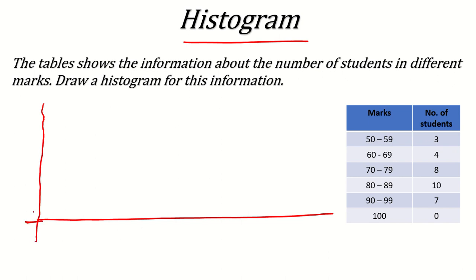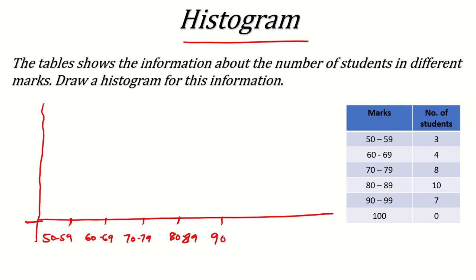Now they say the first class is 50 to 59. So suppose here it comes 50 to 59. Then 60 to 69. Then 70 to 79. Then 80 to 89. And then I am taking it a little wider, don't think about the distance, it may be unequal.